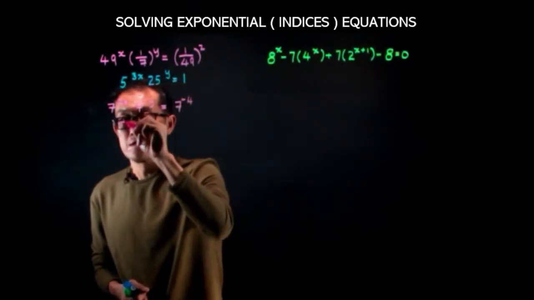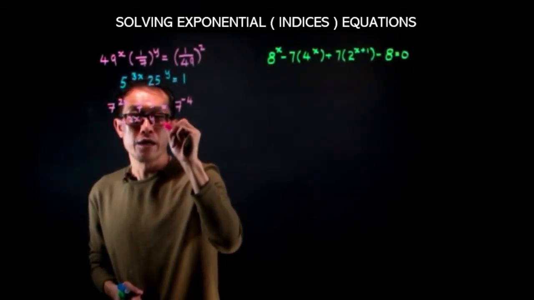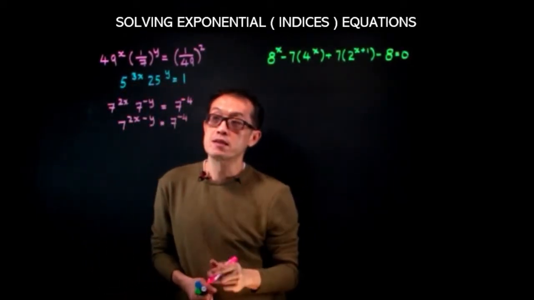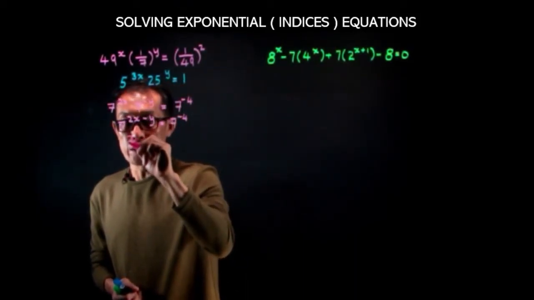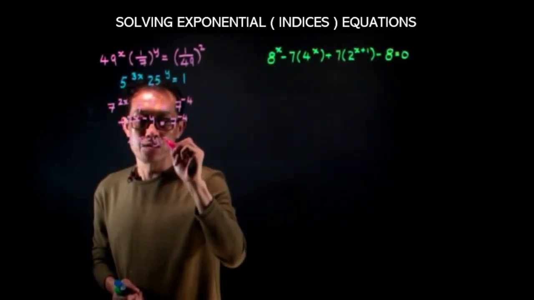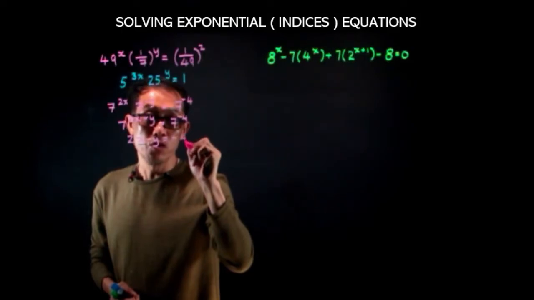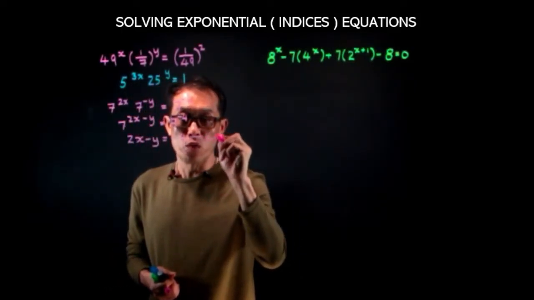So you have 7 to the power of 2x minus y equals 7 to the power minus 4. Now since their bases are the same, we can equate the index. So 4x minus y will equal minus 4. Let's call this equation 1.